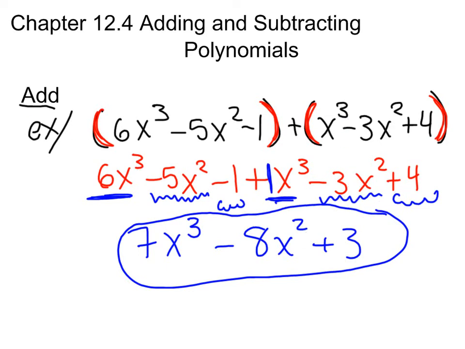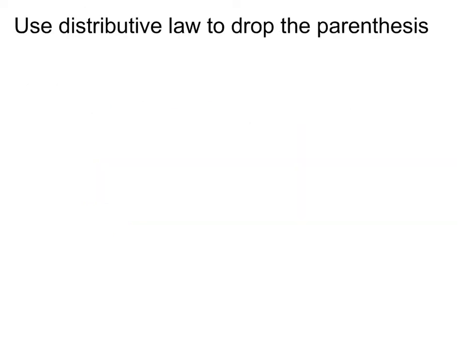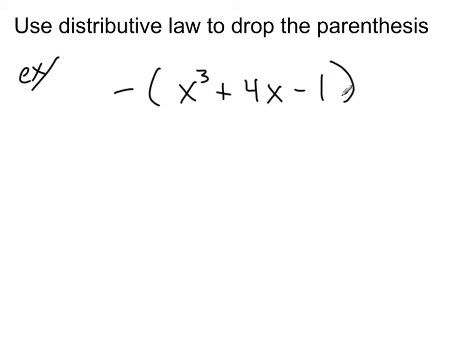What we have to worry about is when there's not a plus sign there. So let's take, for instance, negative the quantity x cubed plus 4x minus 1. There's a negative out in front of the parentheses. We're going to have to use the distributive law to drop the parentheses.